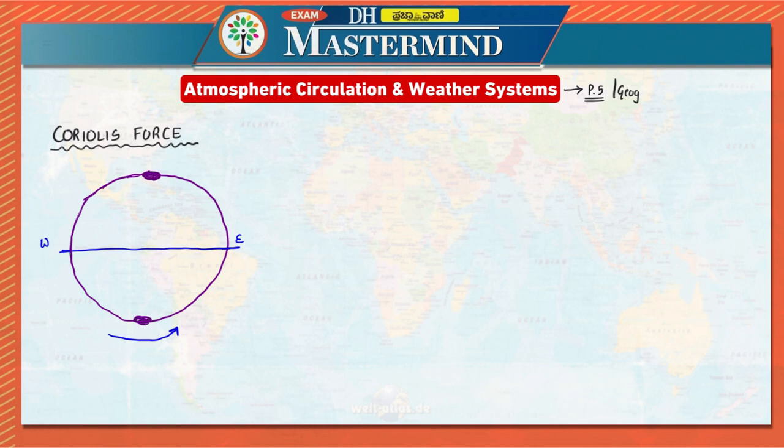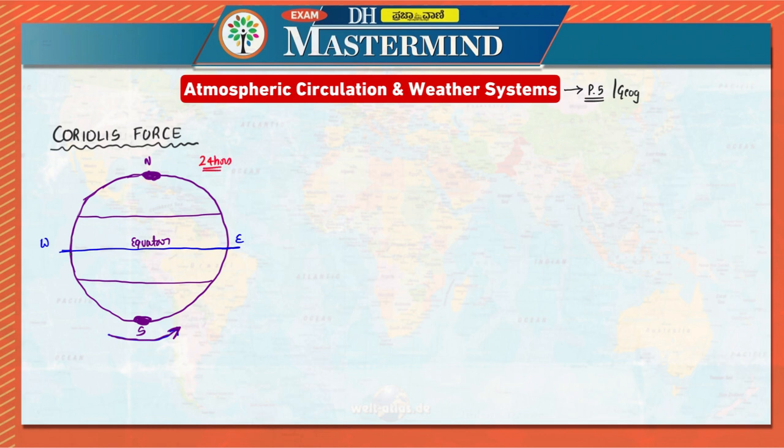This is the north pole, this is the south pole, whereas this particular place is the equator, correct? This is the Tropic of Cancer, this is the Tropic of Capricorn. So it is rotating from west to east. We know that the Earth completes one rotation in 24 hours.